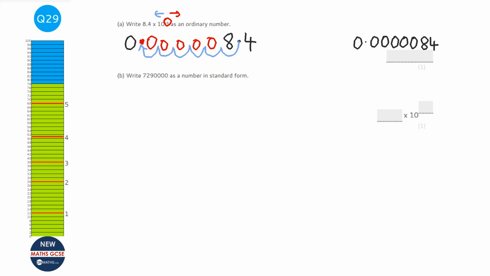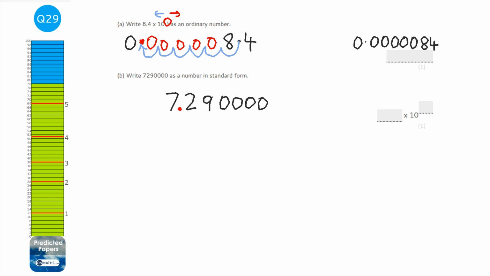Okay, to convert to standard form, you write out the number, and you try to put a decimal place in to make the number between 1 and 10, but not including 10. If I put it in here, that would be 72, so that would not be right. So I need to put it in here. Then you count how many times you had to move the decimal point to get it there.